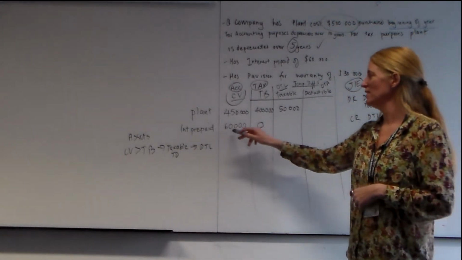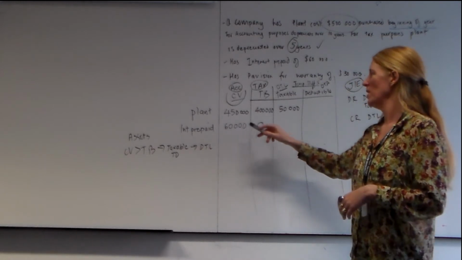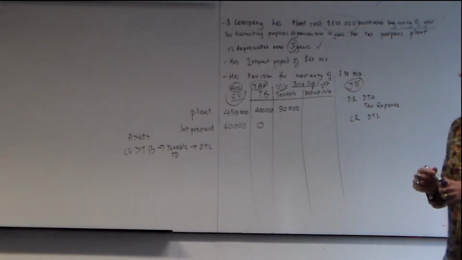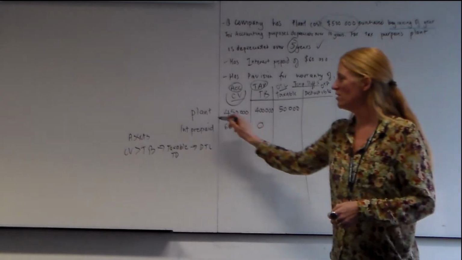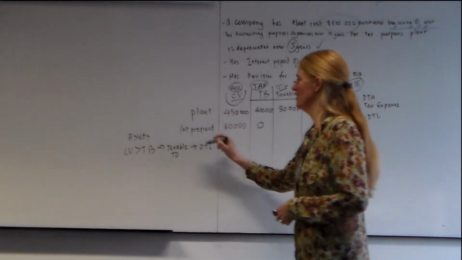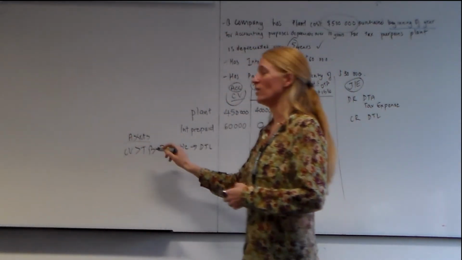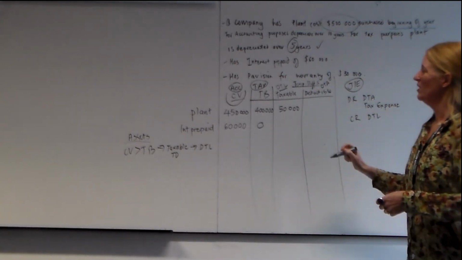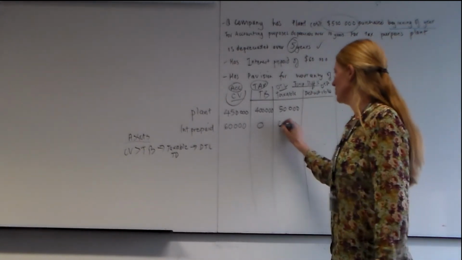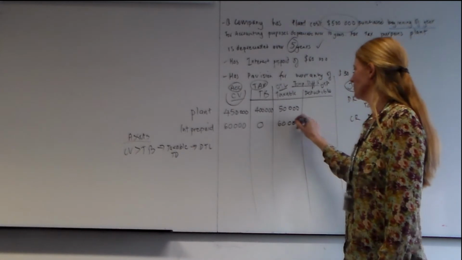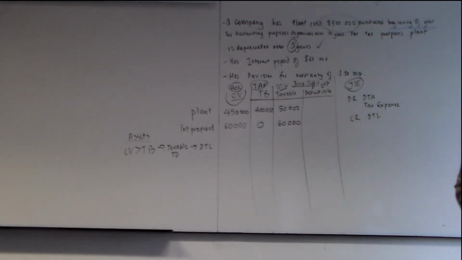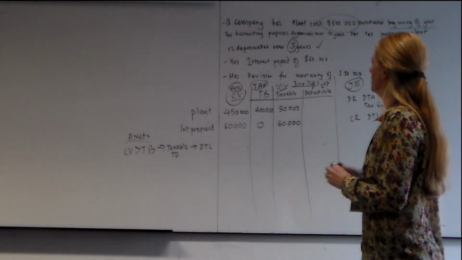So we've got 60,000 being the interest prepaid, 0 for tax, and this is an asset. So we have a carrying value greater than tax base. We therefore have a taxable temporary difference. Correct me if I'm wrong. And so we've done that one.